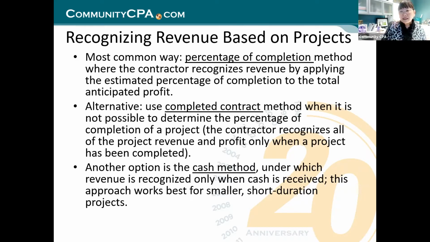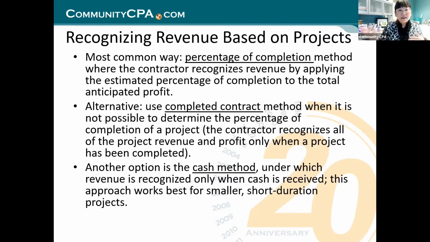With that method, the contractor recognizes revenue by applying the estimated percentage of completion to the total anticipated profit. So let's say you have a $120,000 project, okay? And when you finish 100%, your anticipated profit, let's pretend, is 10%, what, $12,000.